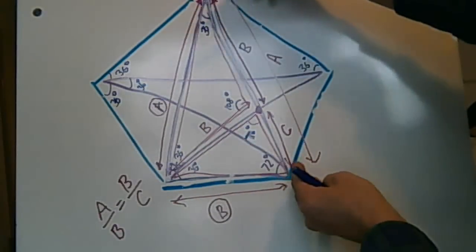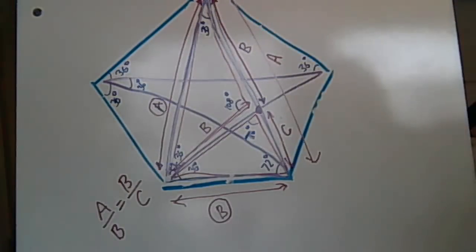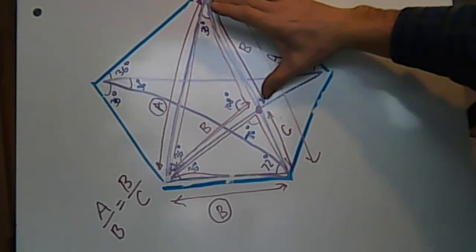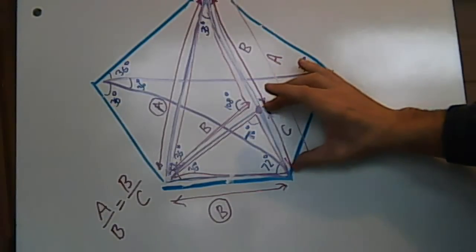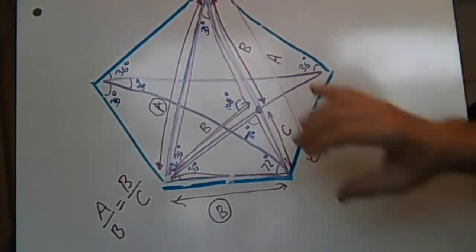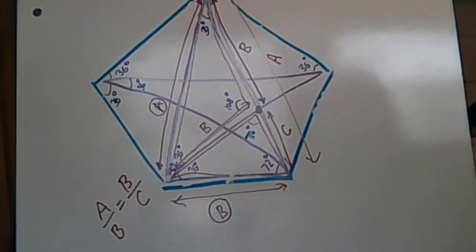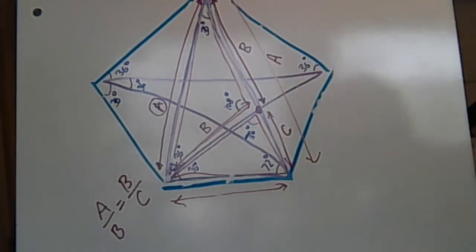This is called dividing the line into extreme and mean ratios. It's dividing it so that the ratio between the entire line to the larger is equal to the ratio between the larger side and the smaller of the two segments. And this happens naturally inside of a pentagon. And this type of division, which was called by the Greeks the extreme and mean ratio, is nowadays called the golden ratio. It's the golden ratio.